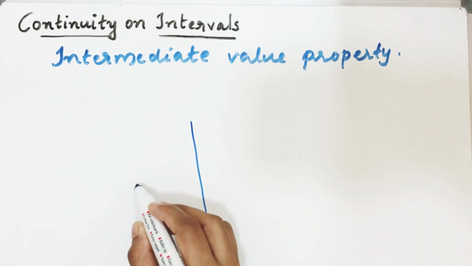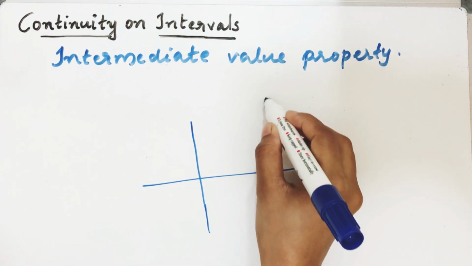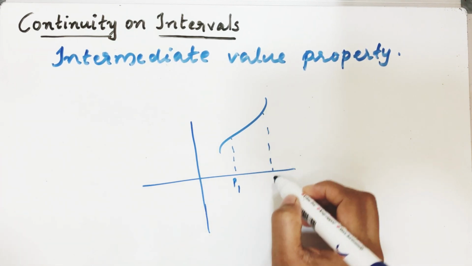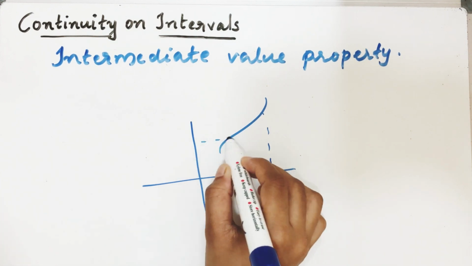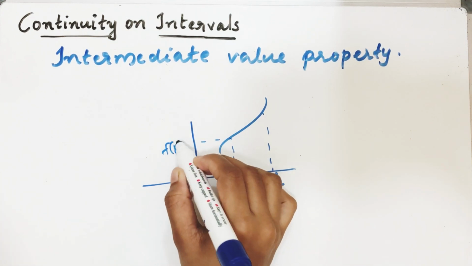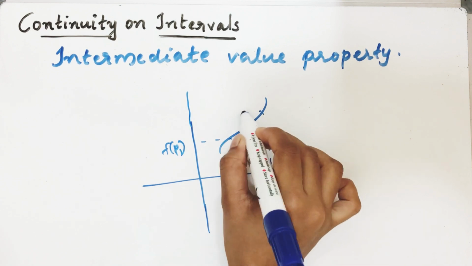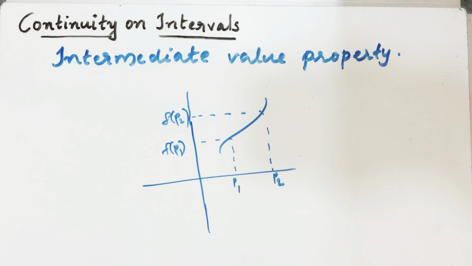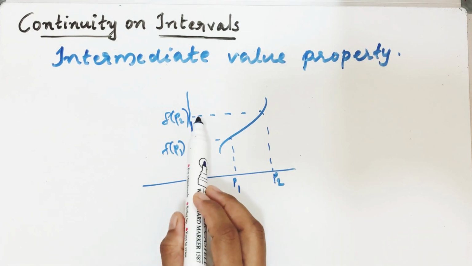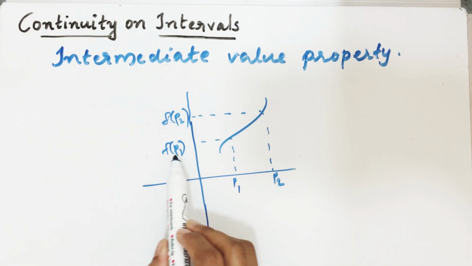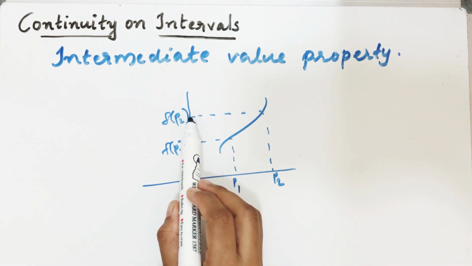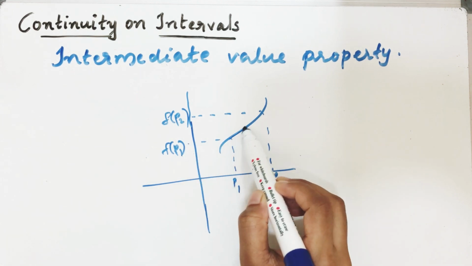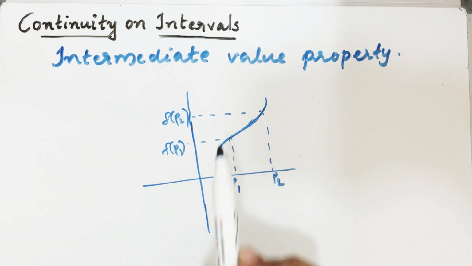That is, if this is a function, and these are the points P1 and P2, then this is f of P1 and this is f of P2. The intermediate value property says that if a function takes the values f of P1 and f of P2, then it takes all the values in between f of P1 and f of P2.